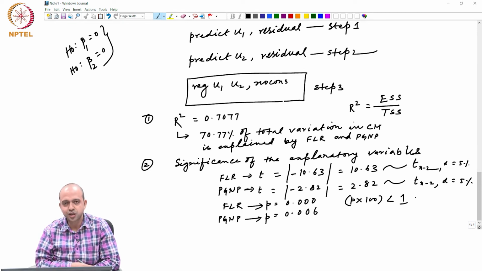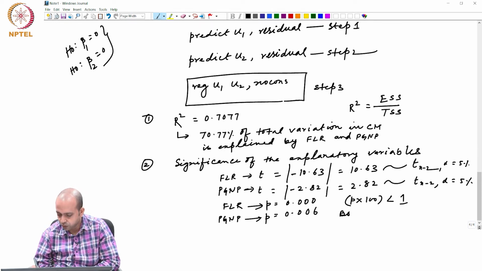So, that means using the p value, we can easily understand both the variables, both FLR and Pgnp, are significant at 1% level.